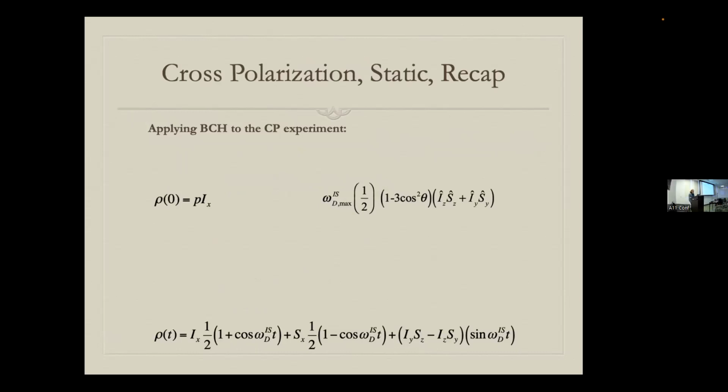I don't know if I really worked this all the way through, or I think maybe I have some notes where it's all the way worked through and I've left it as an exercise to you, but you see rho naught. You see the dipole. So take those two, the first commutator, the second, the third, and you'll see the pattern. And so you end up with an expression that looks like this for the evolution. So your initial magnetization, and another term that's really interesting, that's the other spin without any complication.